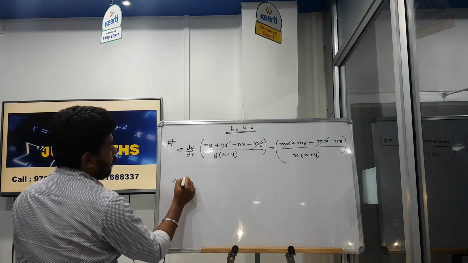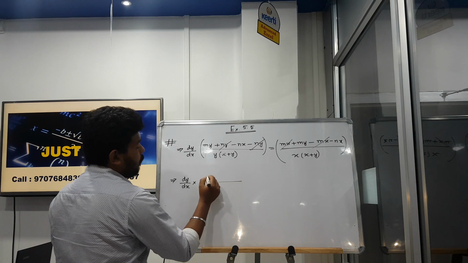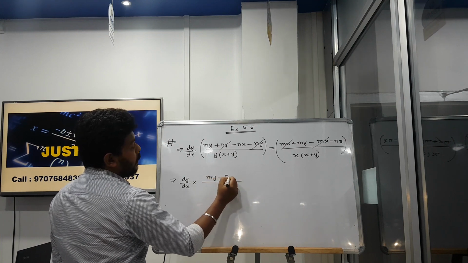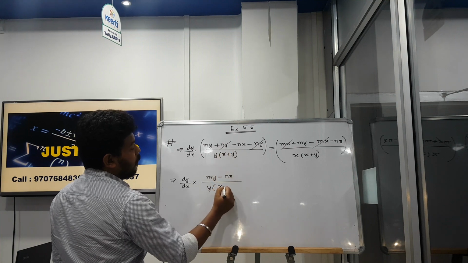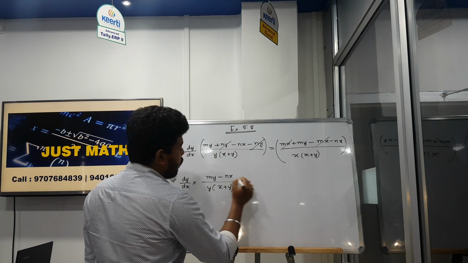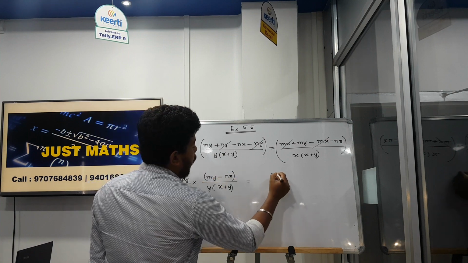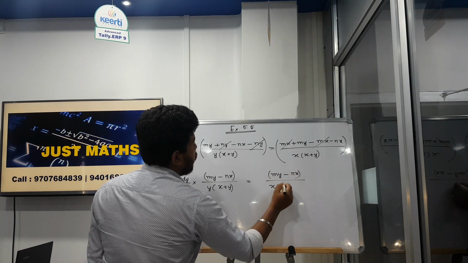Your answer will be dy by dx into my minus nx y into x plus y is equal to my minus nx x into x plus y.